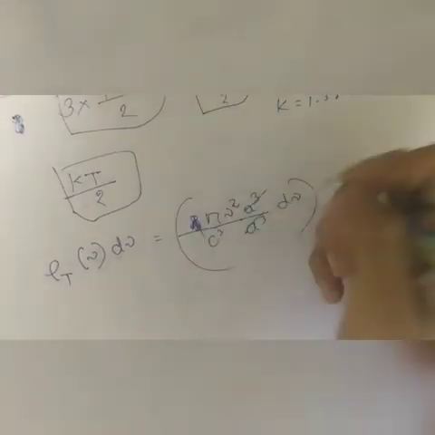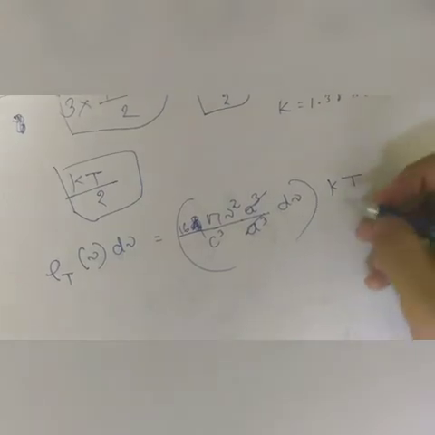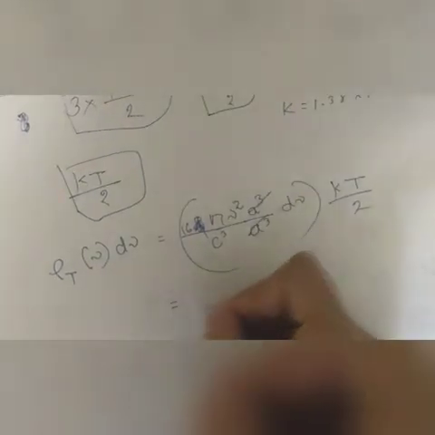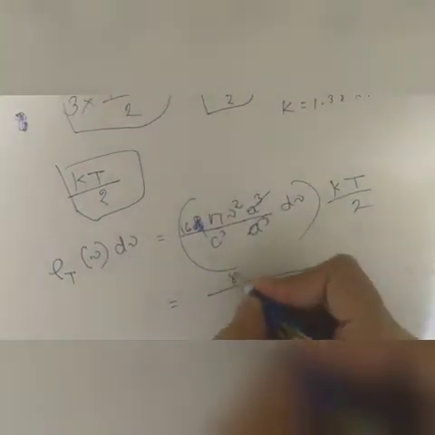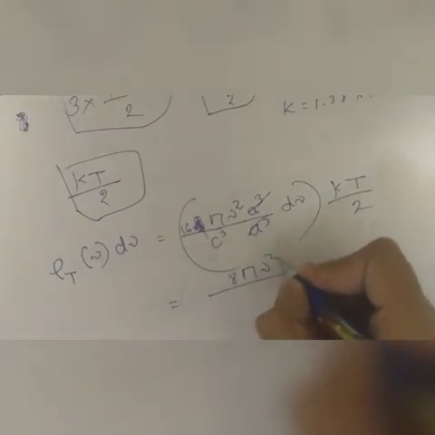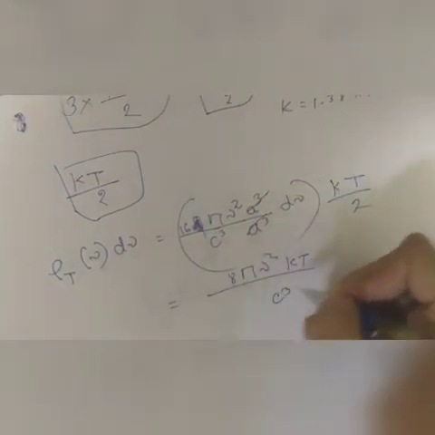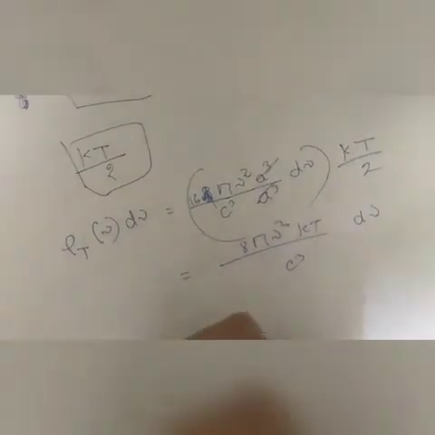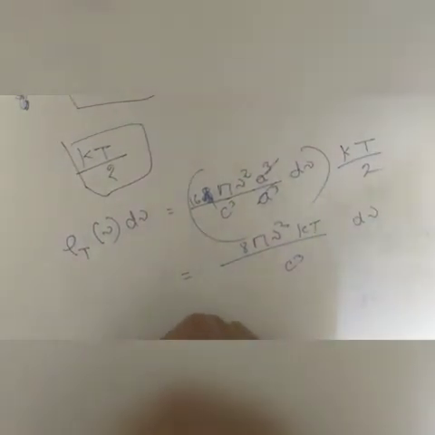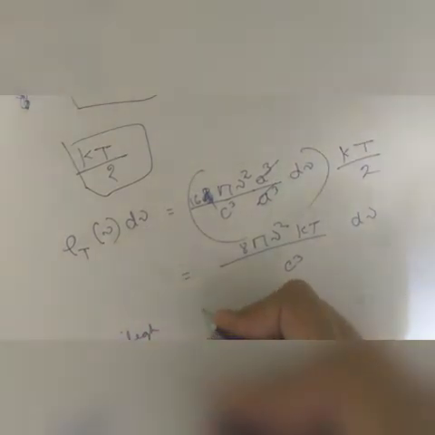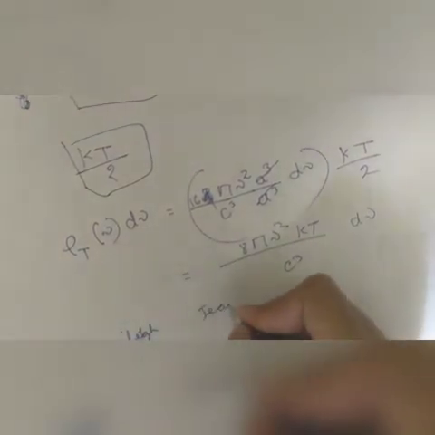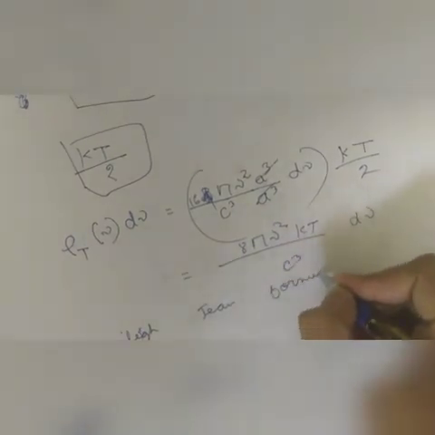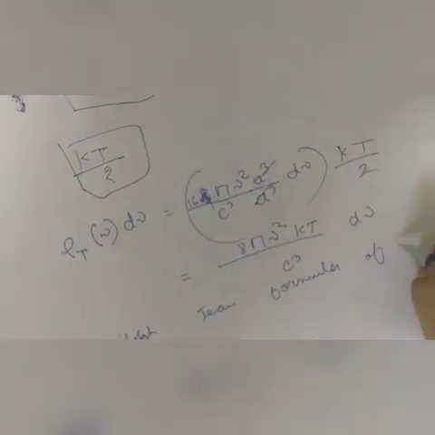So we get the final expression as 8 pi nu square kT by c cube d nu. This is called the Rayleigh-Jeans formula of blackbody radiation.